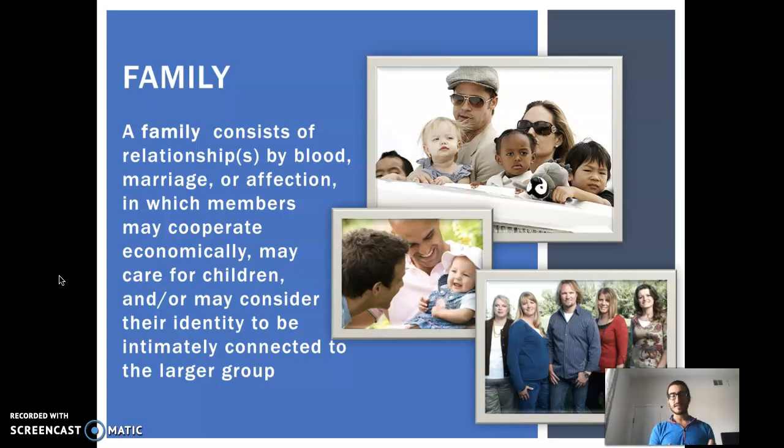So we're going to use this definition of family in this class because I think it's a little more sociologically oriented. A family consists of relationships by blood, marriage, or affection in which members may cooperate economically, may care for children, and/or may consider their identity to be intimately connected to the larger group.